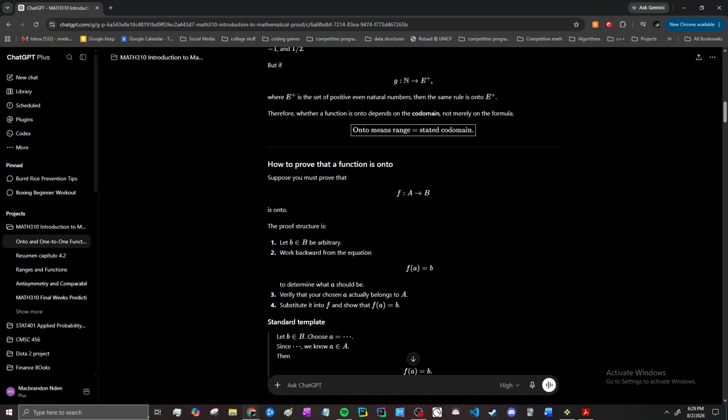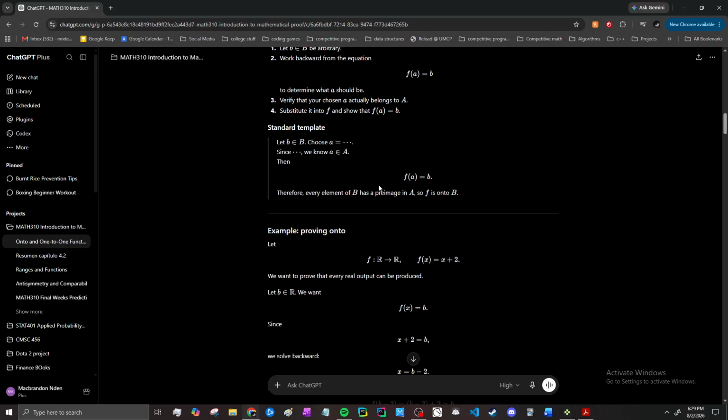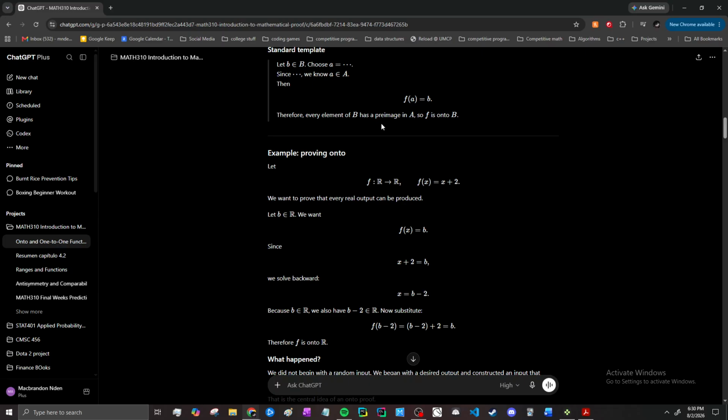The proof would be more like: let x equal b, for instance, and then show that b is an element of the input for all inputs. Let b equal b obviously, and choose a. Since we know a, then essentially, oh, so we have a pre-image.